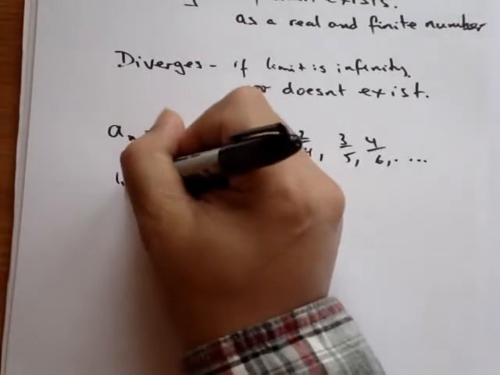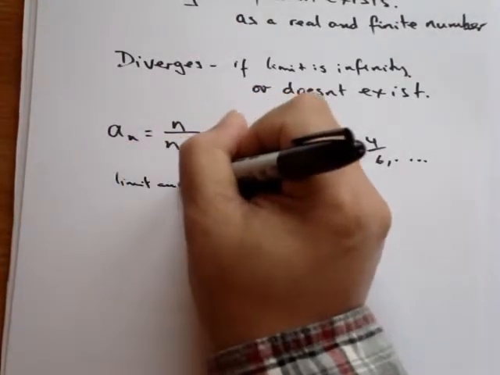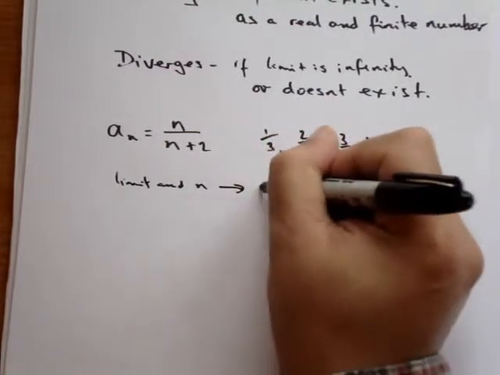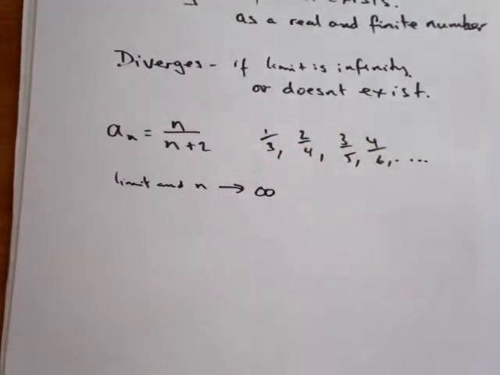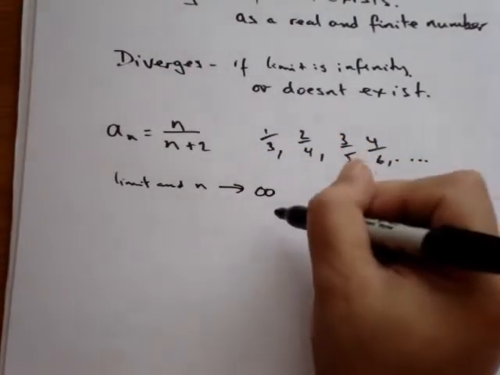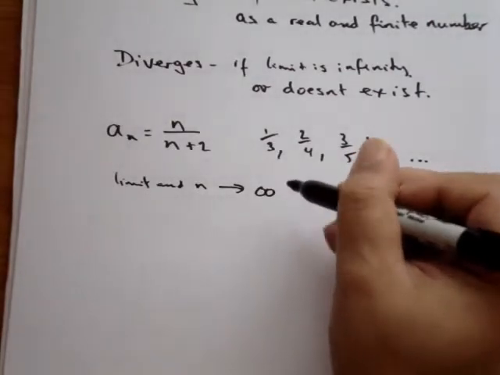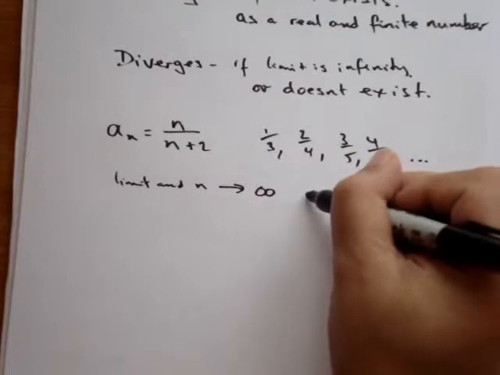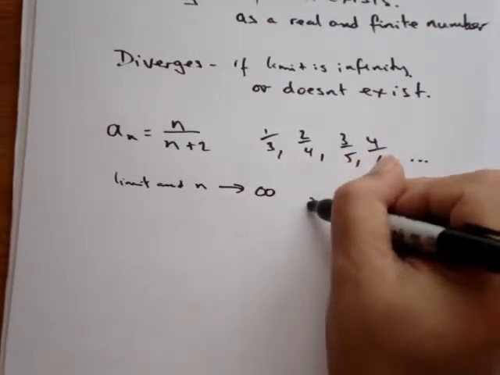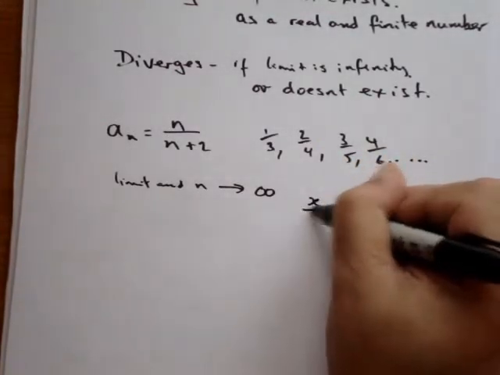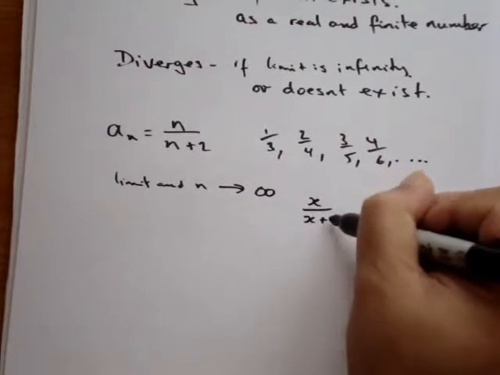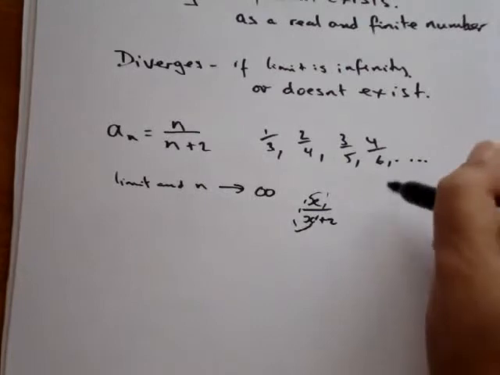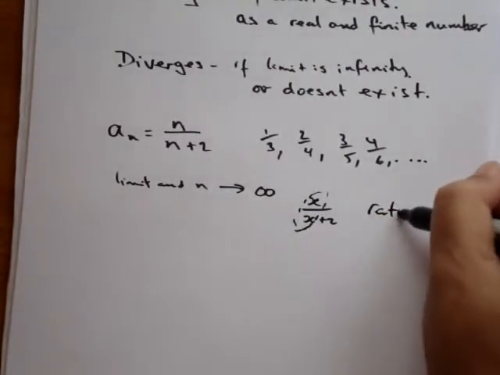So limit as n tends to infinity, and if we replace that with x, so if we had x as a variable over x plus 2, we're interested in the ratio of the coefficients.